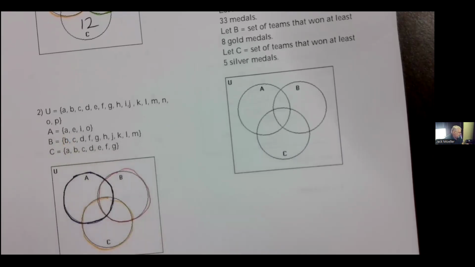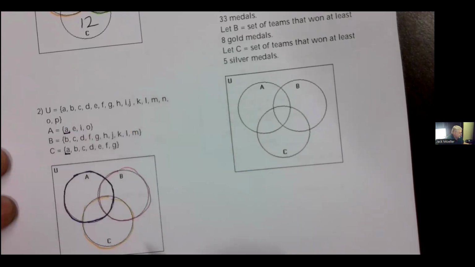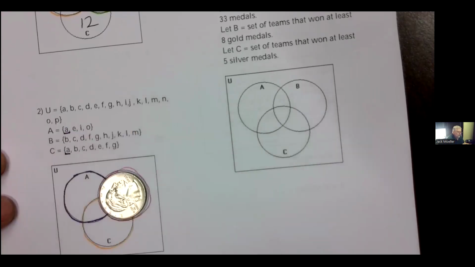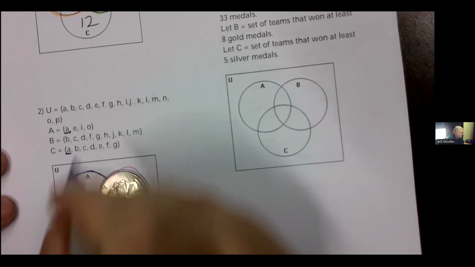in A. Okay, so for A, we have the little a, and so if you notice little a, it's in A and C, but not B. So it's not in B, it's in A and C. So little a goes there.